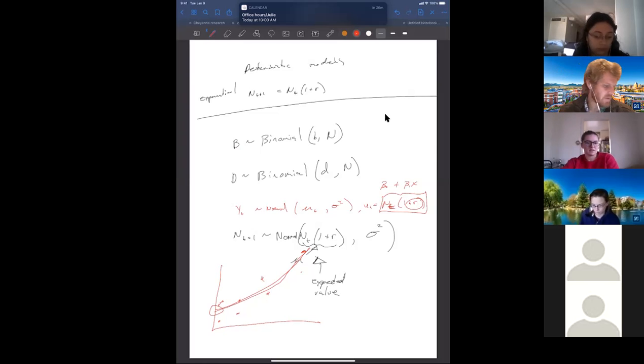And the way we would do that with this model is estimate what sigma squared was, see how far around that line is, and estimate confidence intervals around r. And we can do the same type of thing for our logistic growth model. Okay, now back to logistic growth.